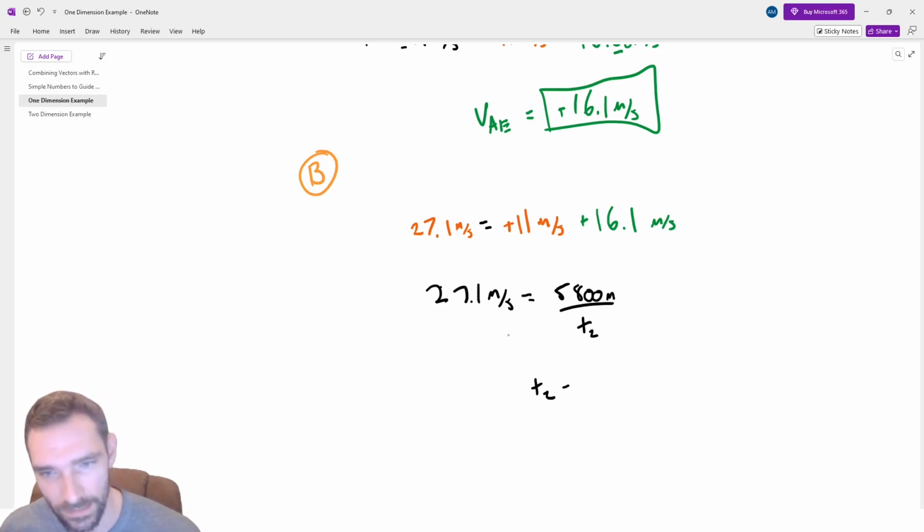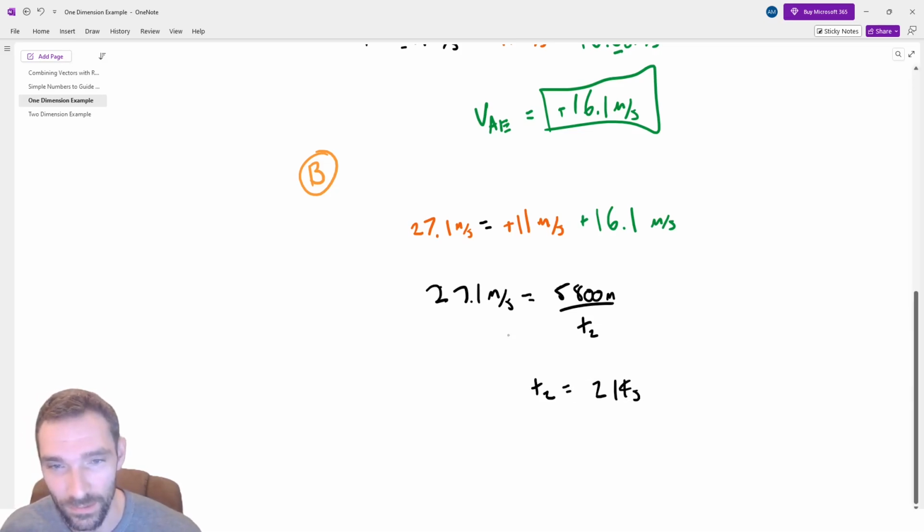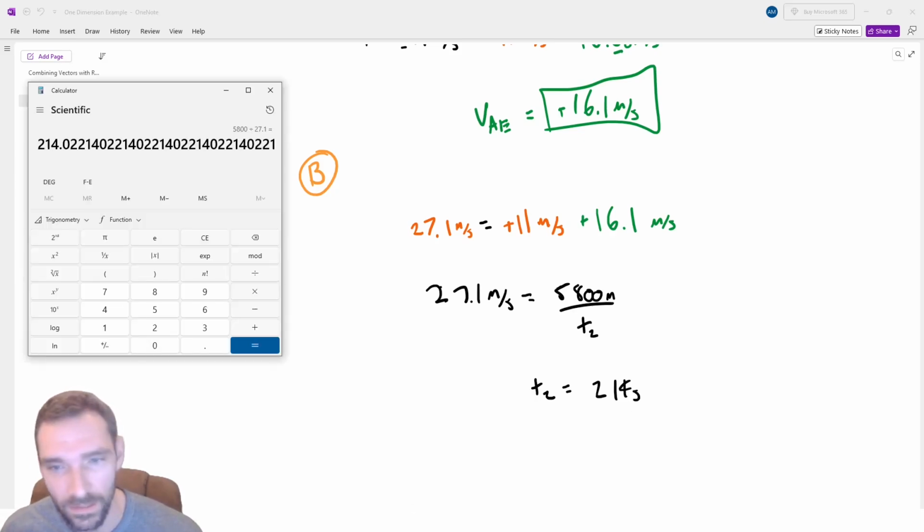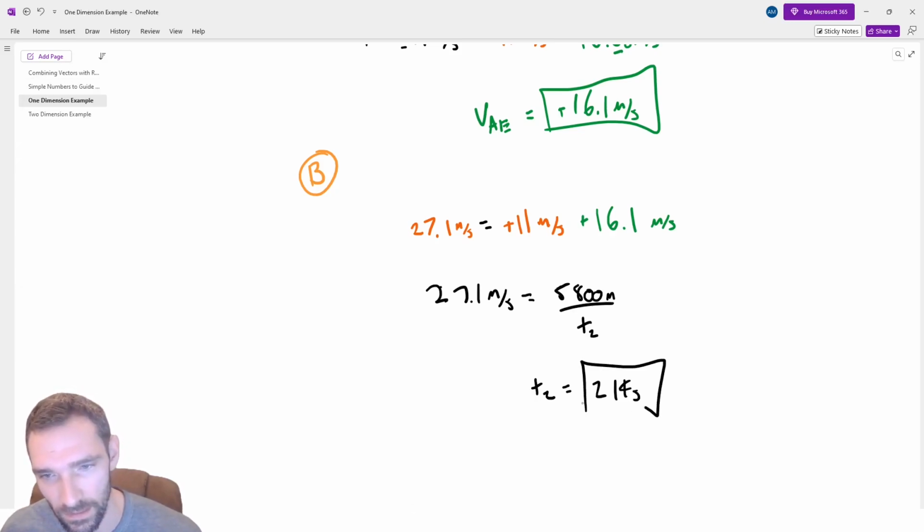It looks like it's going to take about 214 seconds to do that. Or, sorry, limited to 2 sig figs, or 3 sig figs, yeah, it's actually going to be 3 sig figs with that 27.1. So 214 is actually our correct answer there.